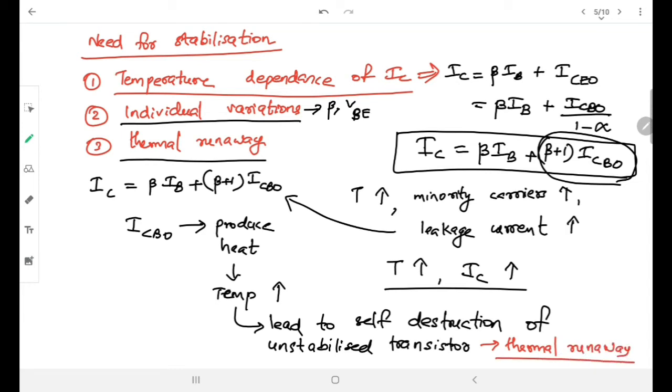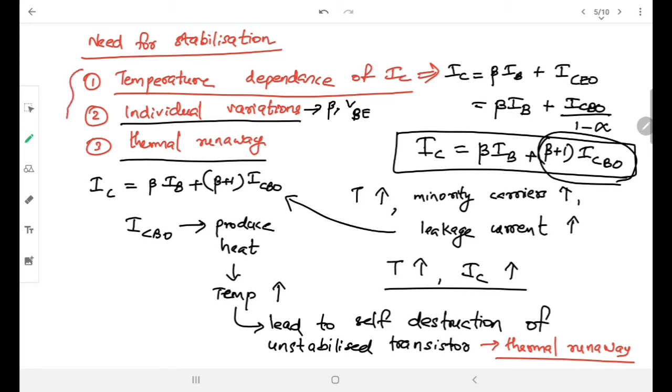So thermal runaway is caused due to the temperature change, and the temperature change will lead to production of heat within the transistor, and it will cause the self-destruction of the unstabilized transistor, which is known as thermal runaway. So we need to avoid this, so we need stabilization.